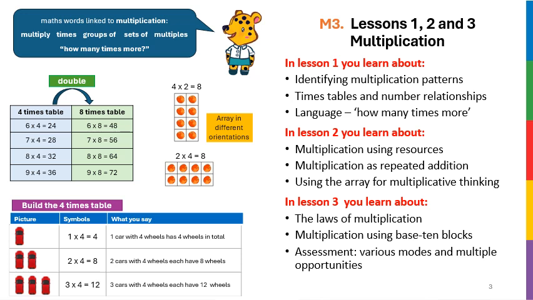So the power of this array, let's say I want to introduce the idea of commutativity in multiplication. But I'm not going to use that word. I'm just going to show children this lovely image, and it can be an image just like I have there with 4 rows and 2 columns.